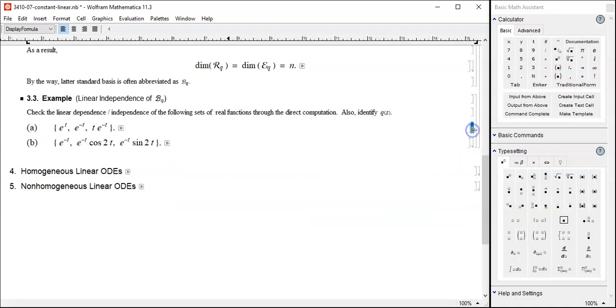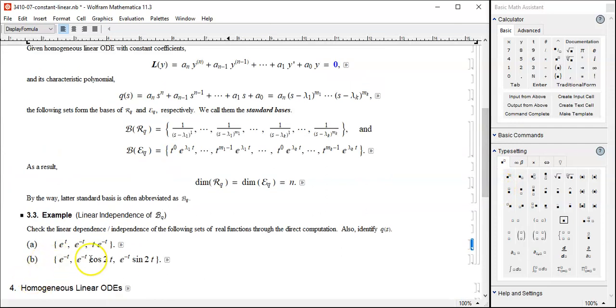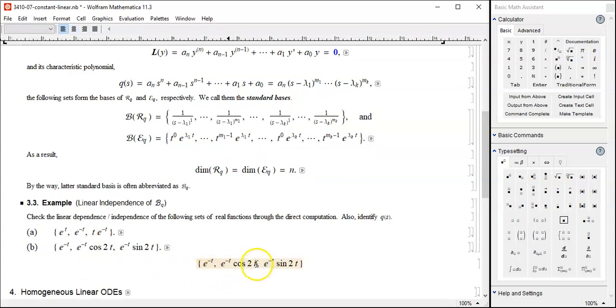How about the next problem? We have e to the negative t power, e to the negative t power times cosine, sine. How does that thing work? Let's see. This one over here, cosine and sine, are as a matter of fact linear combinations of e to the 2i powers.